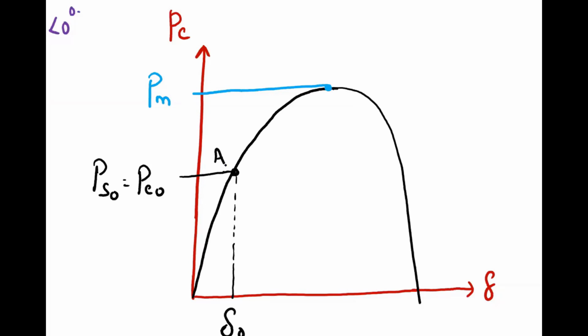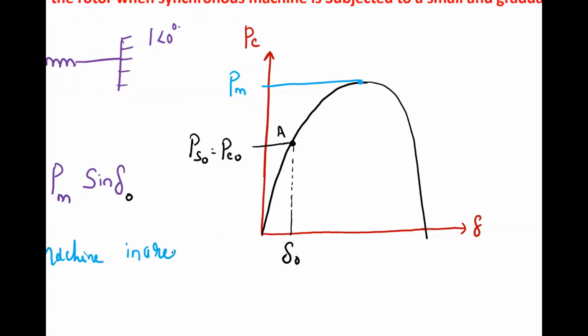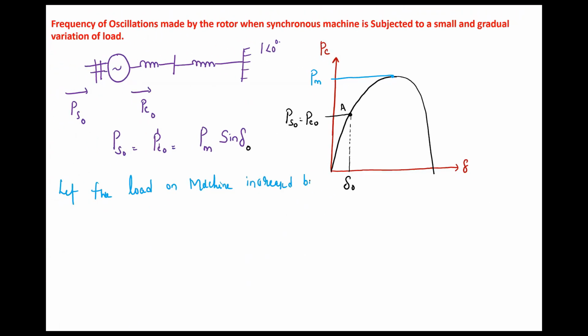Now, if there is any disturbance, suddenly the load increases without a change in the mechanical input. So let the load on the machine increase by delta PE naught.